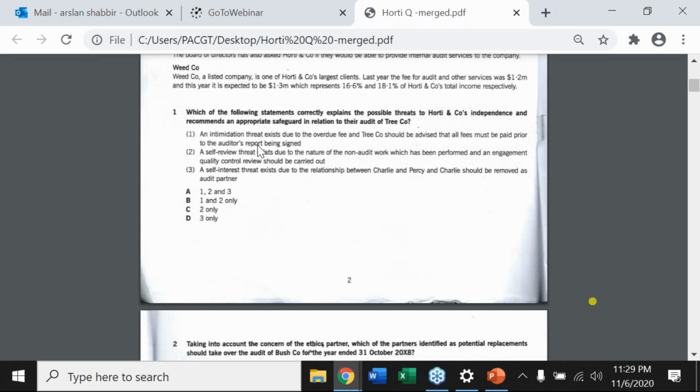The second option: a self-review threat exists due to the nature of the non-audit work which has been performed and an engagement quality review should be carried out. Do you think it is a self-review threat? Tell me the reason why the second option is wrong.